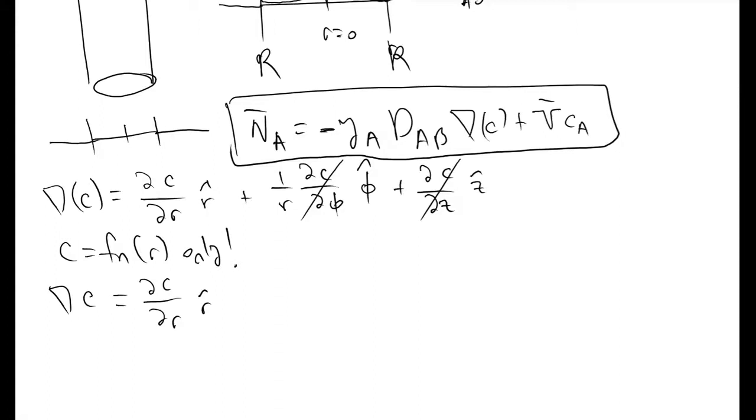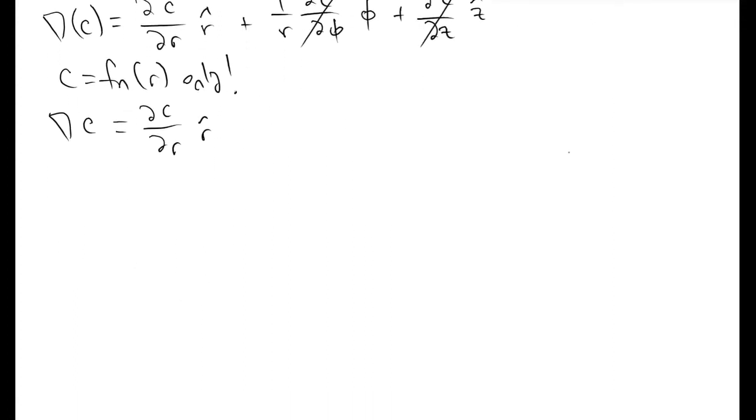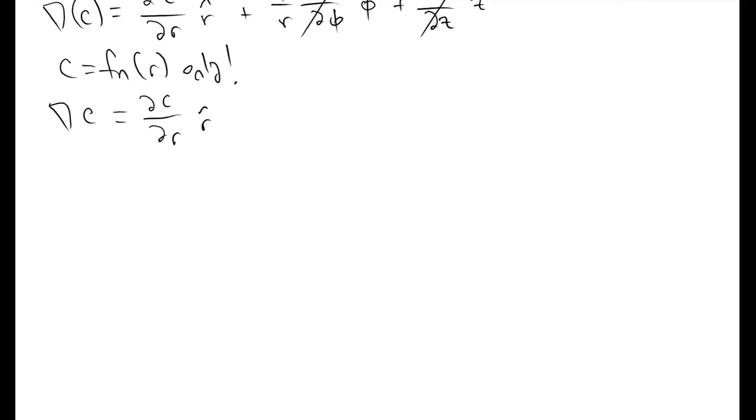The next step in modeling this system is to go to the mole balance equation, which tells us that the divergence of the flux vector that we just evaluated, plus dCA dt, the change in the concentration of A with respect to time, minus the rate of reaction, must be equal to 0.